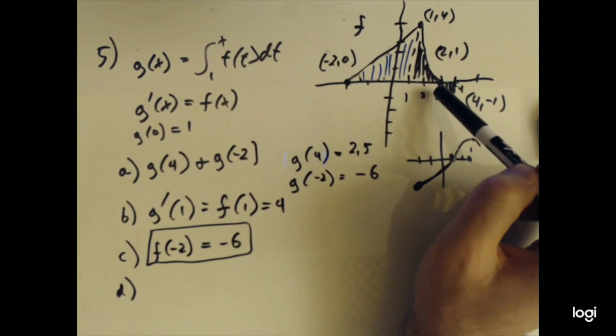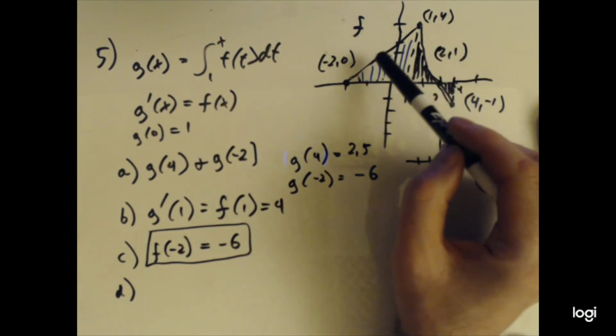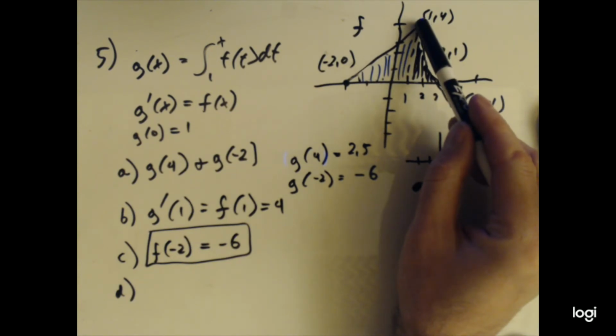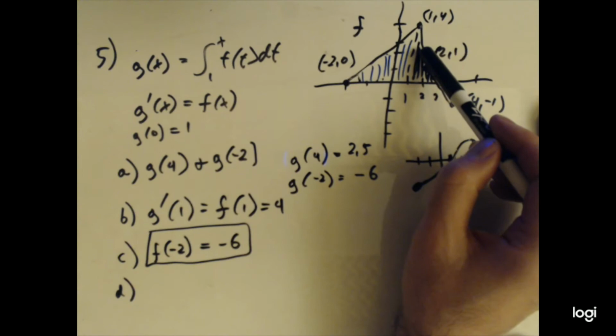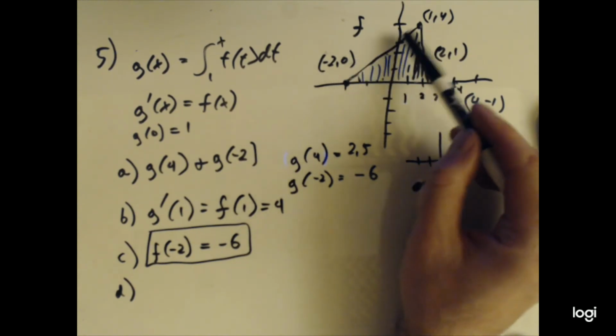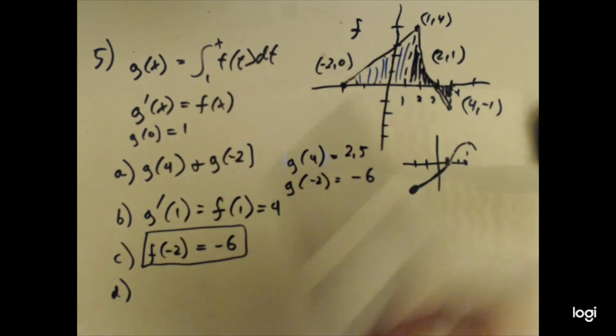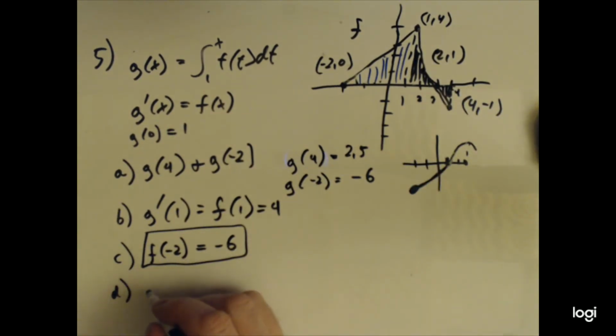Let's see, how many of these values are x-coordinates of points of inflection? So notice we go from a positive slope of the first derivative, which means a positive second derivative, to a negative slope of the first derivative, which means a negative second derivative.